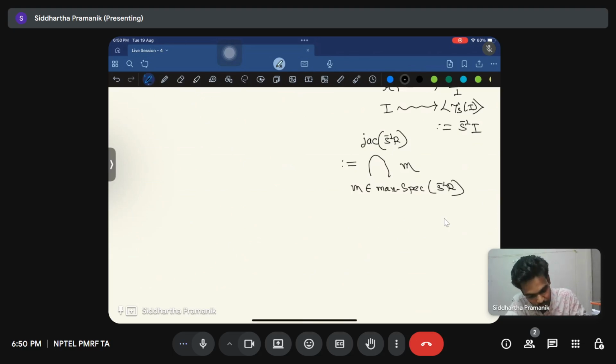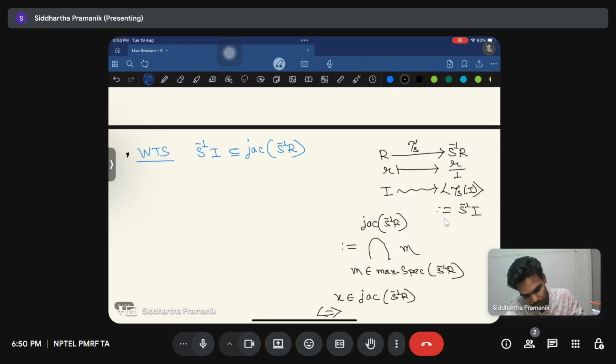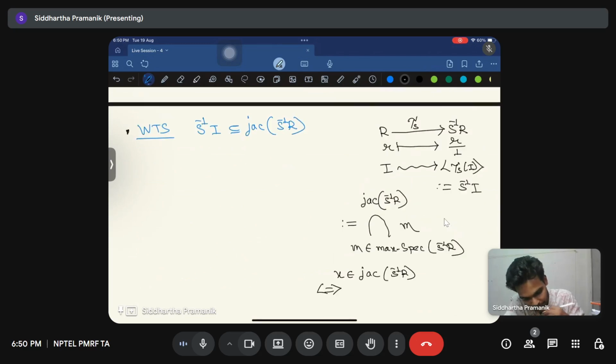And what is that? So x belongs to the Jacobson radical if and only if, okay, I will write it here.